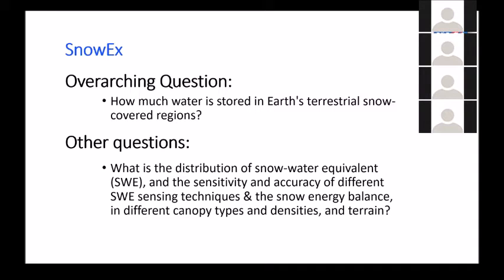And so if you melted it, how much water would you get for those water resources that I was talking about earlier? We can do that from space for very specific locations, but we can't do that globally. And that's what SnowEx is all about, to try to figure out which are the best sensors that we can use to measure snow water equivalent on the global scale.